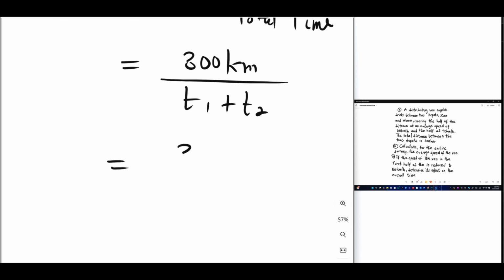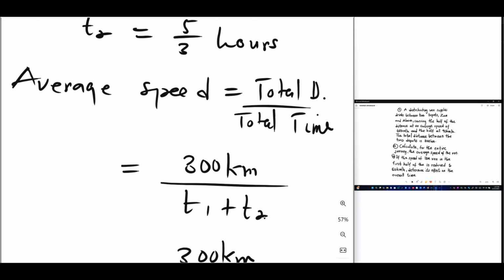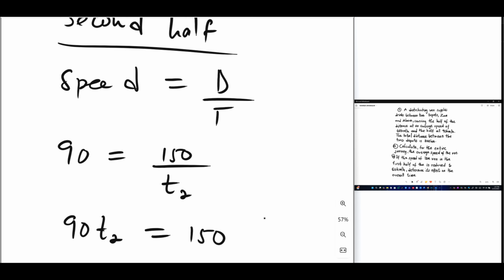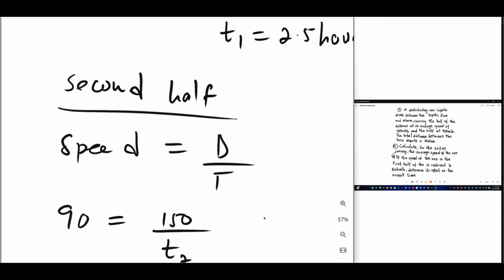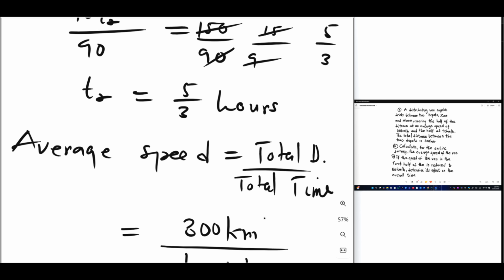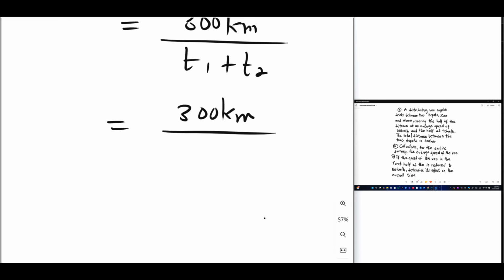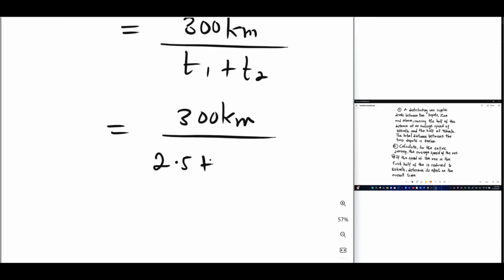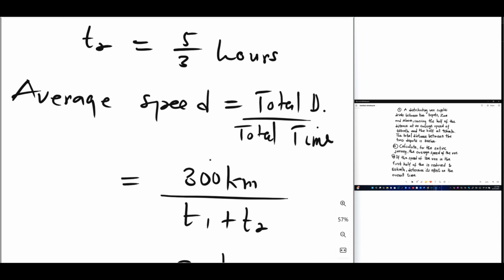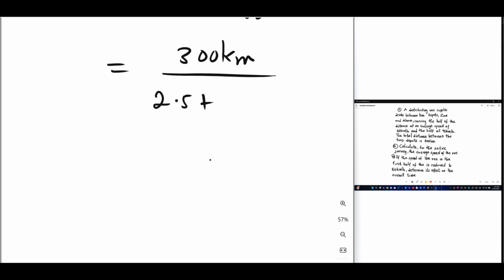So we have 300 kilometers divided by the first time, t1, which we have to be 2.5, plus the second time, which is 5 divided by 3, in brackets, then hours.